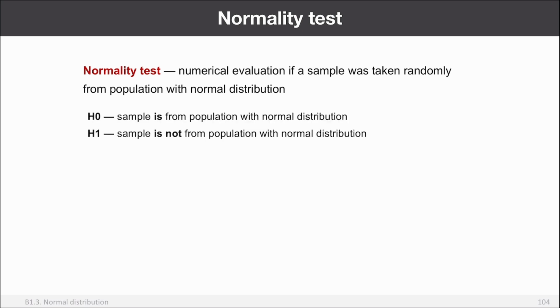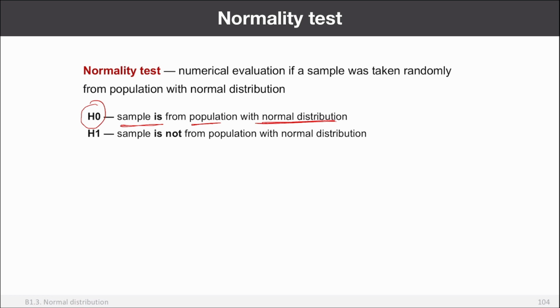The normality test is the following procedure. First of all, we have an assumption, which we call the null hypothesis. And our assumption is that our sample came from a normally distributed population. Why is this our default assumption? Because if we indeed have a random sample and all values are independent and continuous, then by default we know that continuous random values in this world are likely to follow the normal distribution.